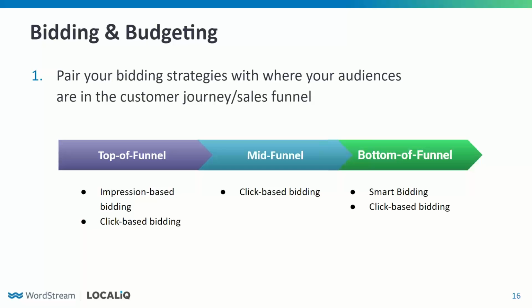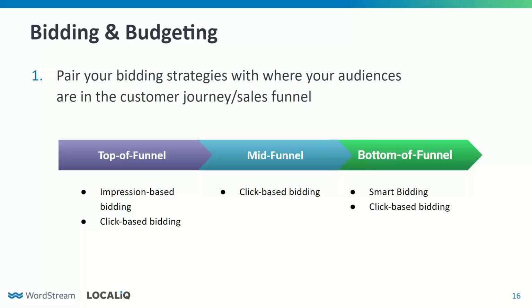And something that we're not going to be touching too much on in this webinar, since this is more of a 101, there is a difference in how Google attributes conversions. Display sometimes doesn't get as much credit as it should, which is why for those mid-funnel conversions, I do recommend click-based more than smart bidding.